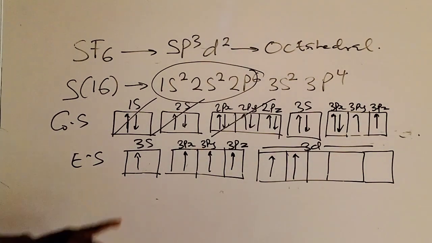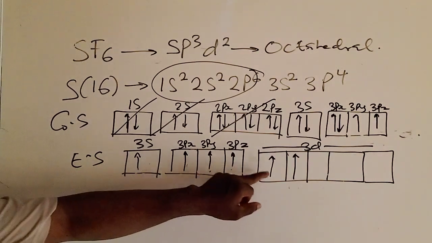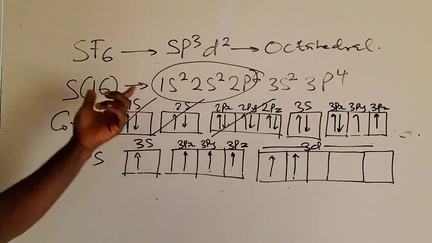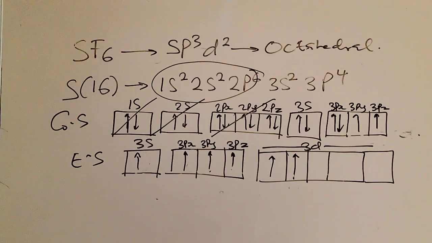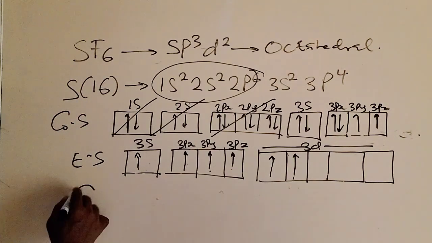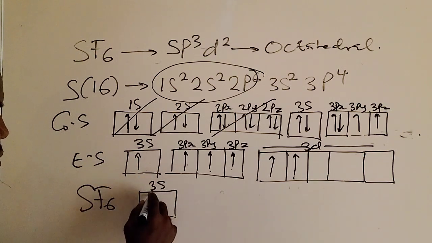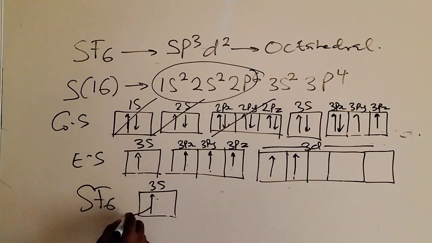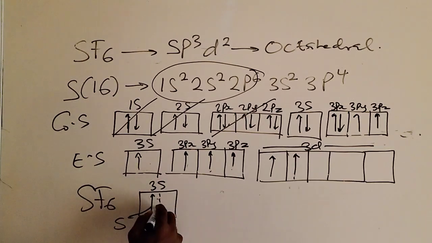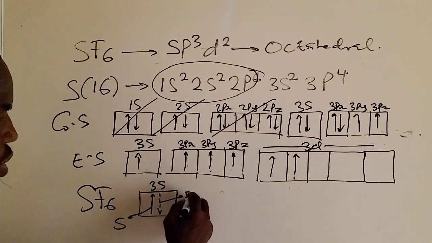So I have 1, 2, 3, 4, 5, 6 unpaired electrons, to accommodate the 6 fluorine electrons.